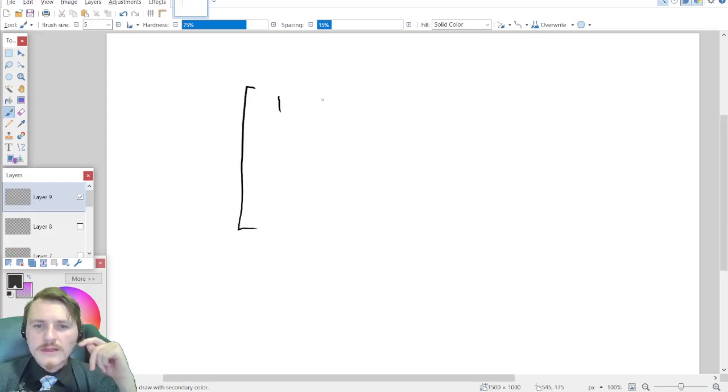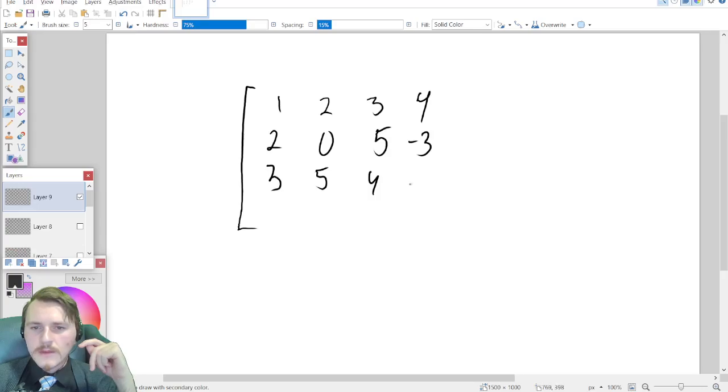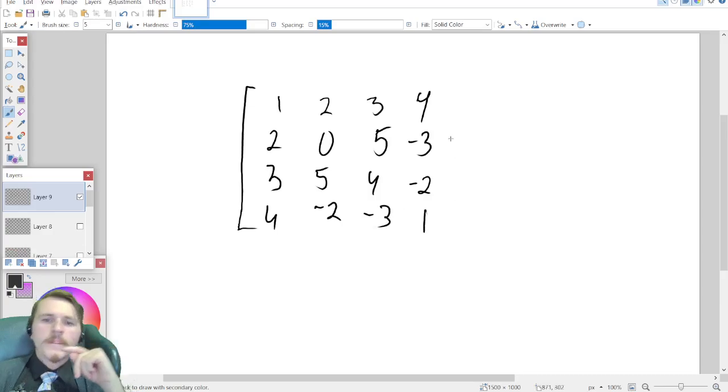I'm just going to write stuff down and hope it's kind of close, and we'll see whether or not it's symmetrical. Yeah, I like this. And then let's see. Is this symmetrical?